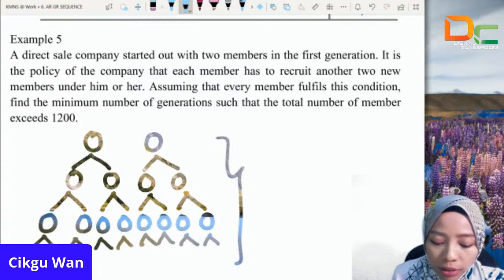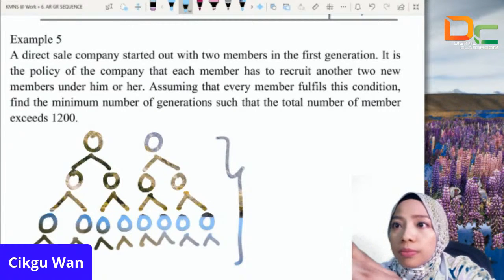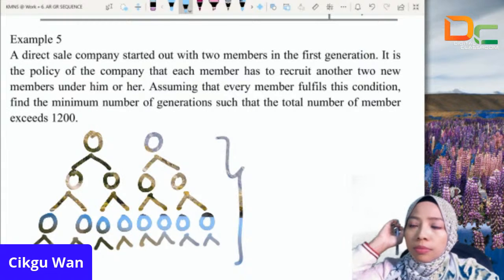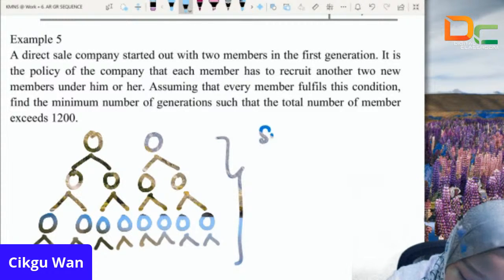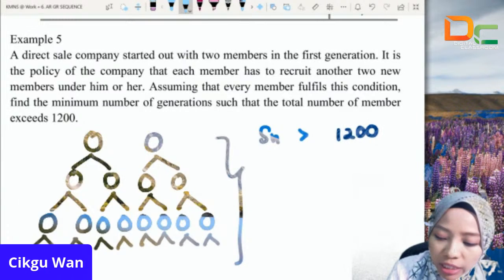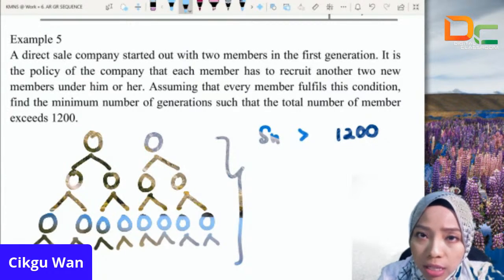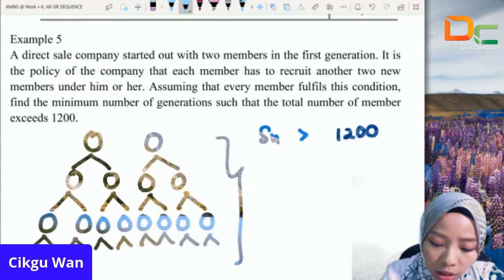Alright, so now we are finding Sn greater than 1200. Before that, we want to know whether this is arithmetic or geometric. Let's find out.